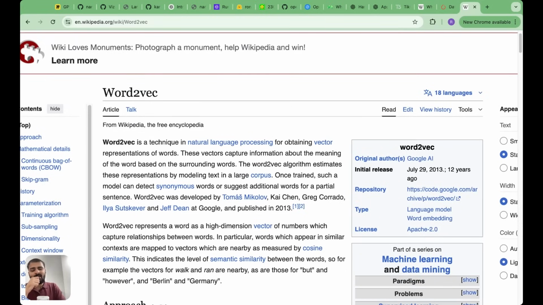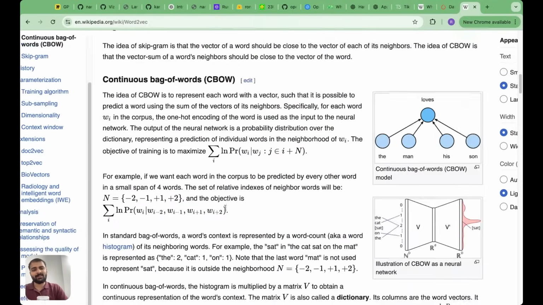The really cool thing is that words which have similar meaning will have vectors which are closer to each other. So you can encode some information about the meaning of words into these vectors, so that when you visualize these vectors, you'll see that words which mean the same thing lie closer together in vector space.